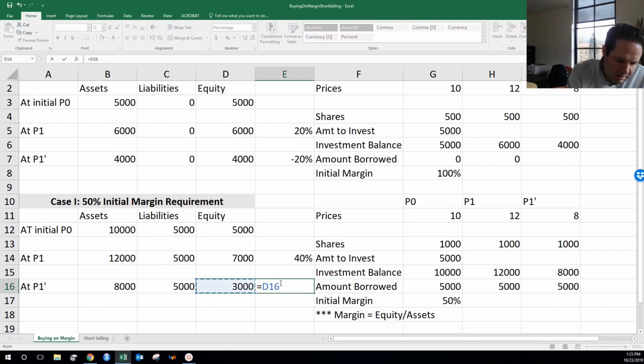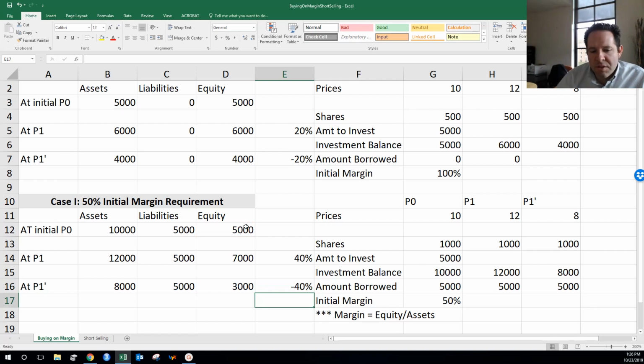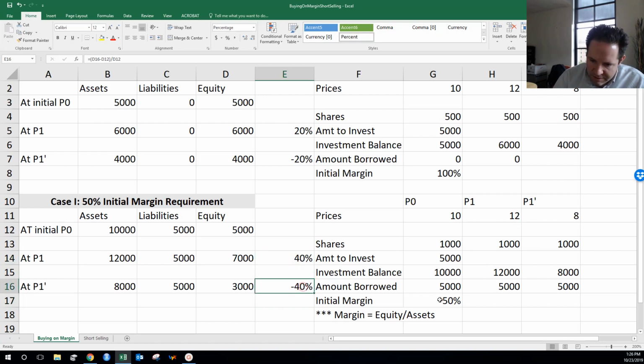Here's the capital loss, $2,000, spread out over $5,000 of initial investment, and you get a 40% loss. What happens is that if you use leverage in your investment, you gain more exposure to the stock, and that ends up amplifying the returns both on the upside and on the downside.